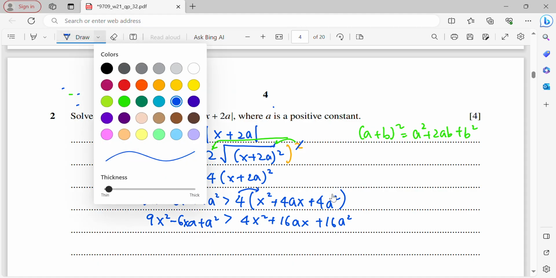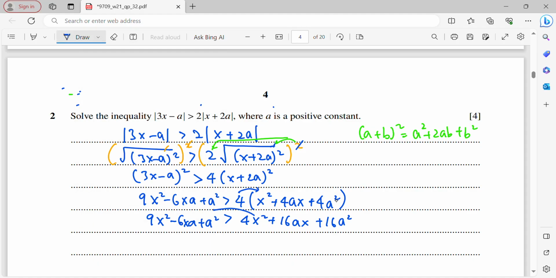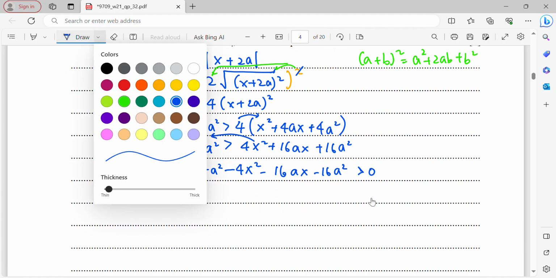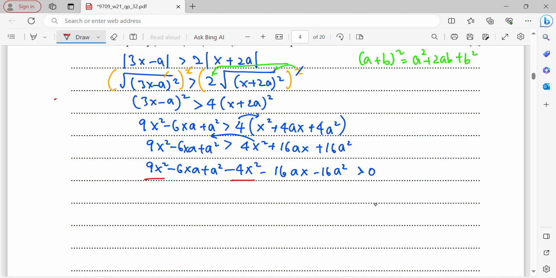So now I will rewrite the left hand side, and then I will bring all the terms on the right side to the left side. So I'll get 9x squared minus 6xa plus a squared minus 4x squared minus 16ax minus 16a squared more than 0. Then from here, when you simplify, 9x squared minus 4x squared, I will be getting 5x squared.